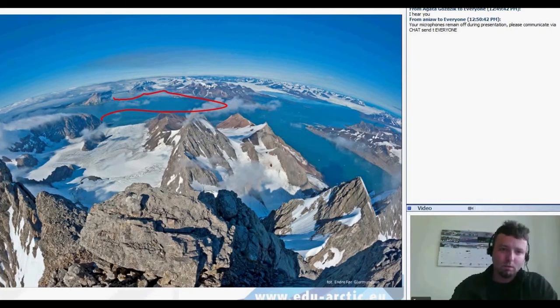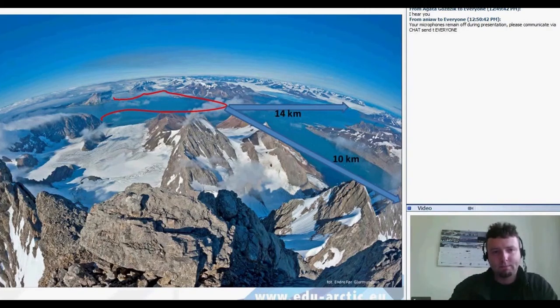And now, because of the negative mass balance, they moved back. For example, Hornbreen moved back 14 kilometers, Samarinbreen 10 kilometers. Other glacier, Paierlbreen, moved back 8 kilometers. So they had negative mass balance almost throughout the 100 years. That's why they moved back.